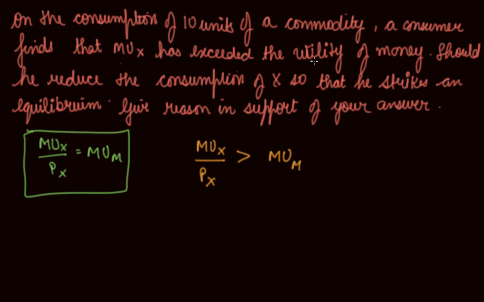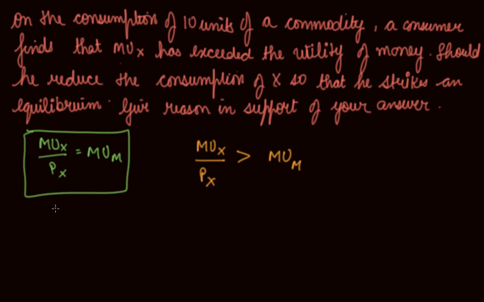Has exceeded the utility of money. Now, should he reduce the consumption of X so that he strikes an equilibrium? See, in order to strike the equilibrium, what should a consumer do?